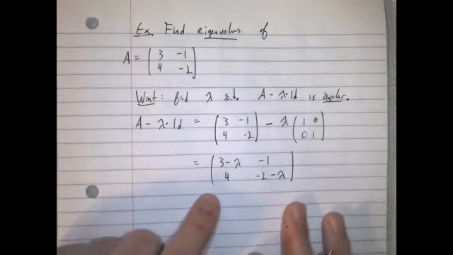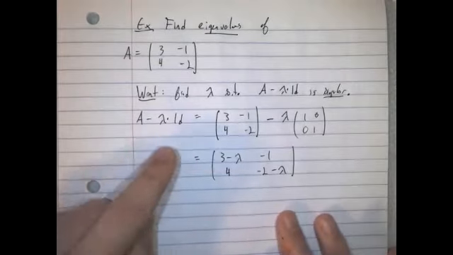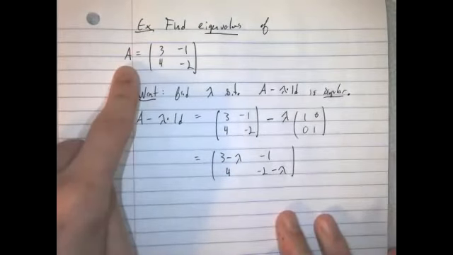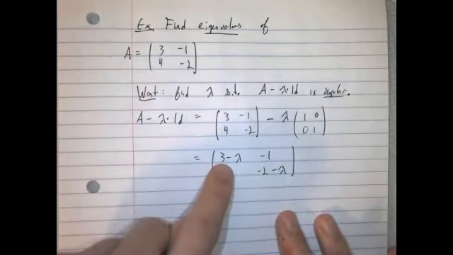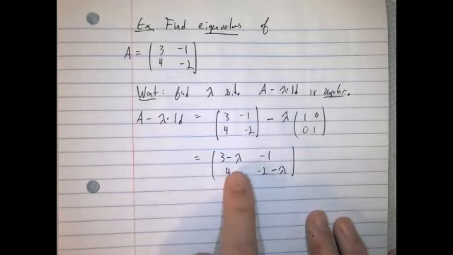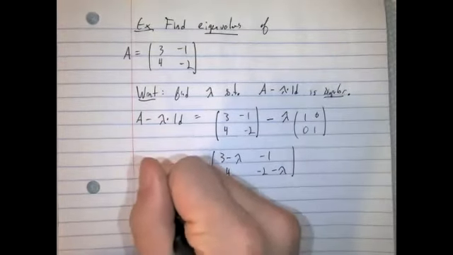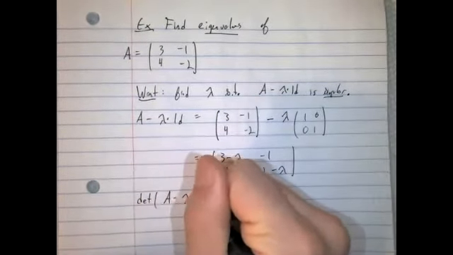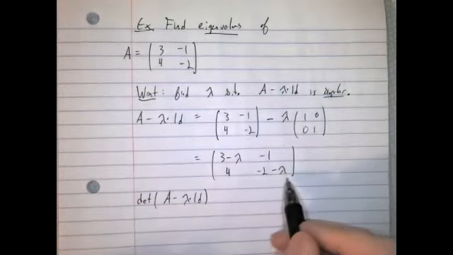So the thing that you should remember is, when trying to find the eigenvalues of A, subtract lambda from all the diagonal terms, and then compute the determinant of this. So what is the determinant of A minus lambda times identity in this case?